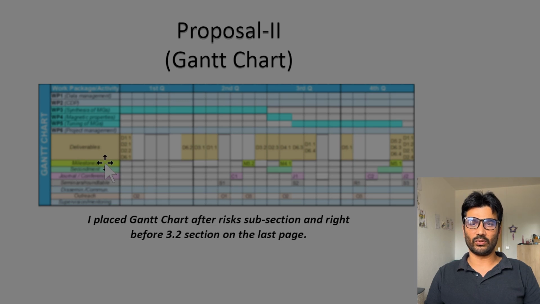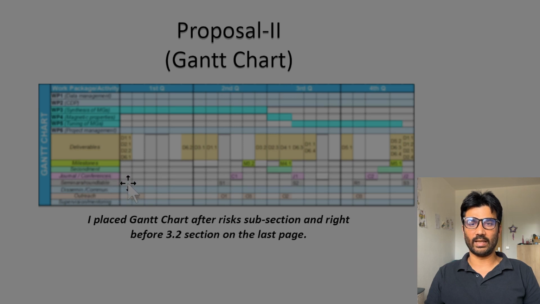Then the milestones. For milestones, I just wrote 3 milestones, as you can see here. And then the secondment 2 times a year, which I mentioned right in the beginning of the second year and almost at the end of the second year. Then there are journals and conferences.